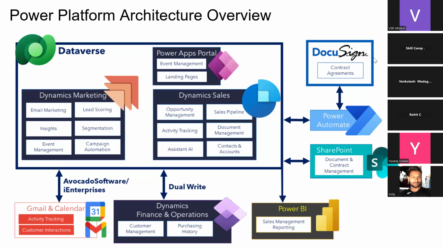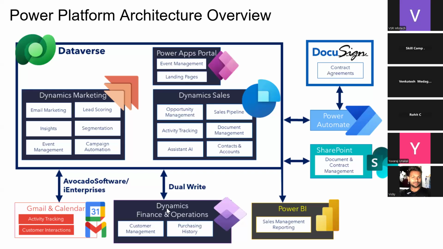You can't go and physically sign all the contracts, right? DocuSign will help you in e-signing it. That also you can automate through Power Automate. You can store everything in SharePoint. You can create multiple reports like sales management reports and campaign reports through Power BI.